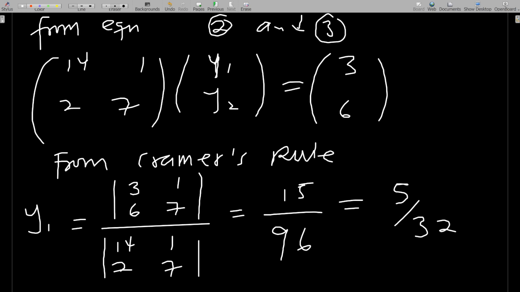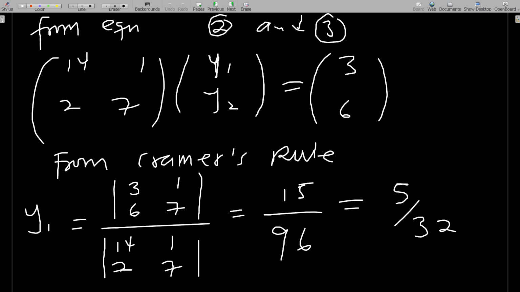Now you go to the next one, y2 is equal to the determinant of 14, 2, 3, 6. I hope you know how to use Cramer's rule. When you want to find the first one, just put the whole of this in here, and that will be your numerator, over the determinant of the main coefficient matrix. So with y2, you pick that same side, this one.